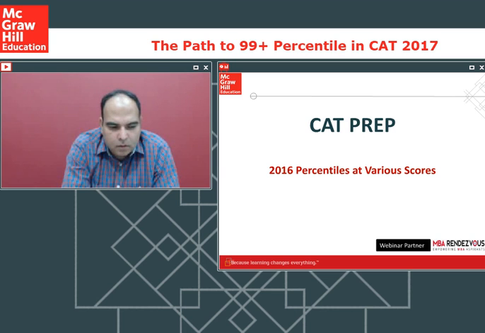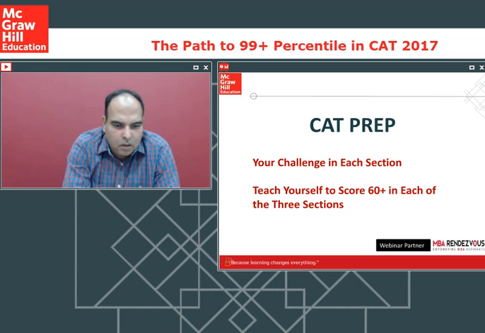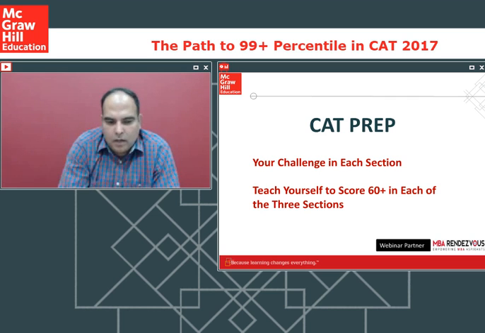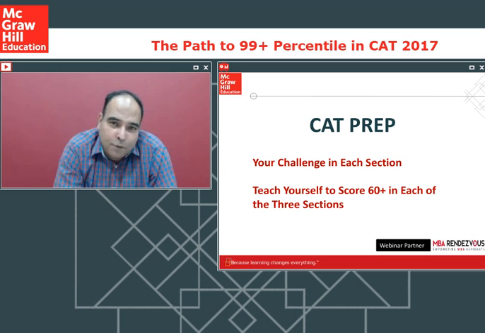Having talked about this, 6 wrong in 60 is 10% wrong, and anything more than that, if you are at 20% errors, you are actually going to be below where your raw score is.